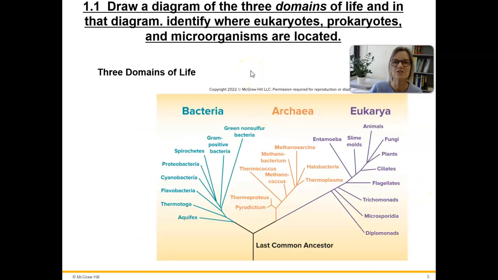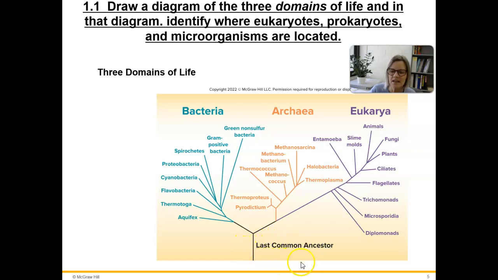The next outcome says draw a diagram of the 3 domains of life. And in that diagram, identify where eukaryotes, prokaryotes, and microorganisms are located. So this is a diagram of how organisms are classified. It's not just a concept map to remember, but this is actually the most widely accepted idea of how organisms evolved on this planet.